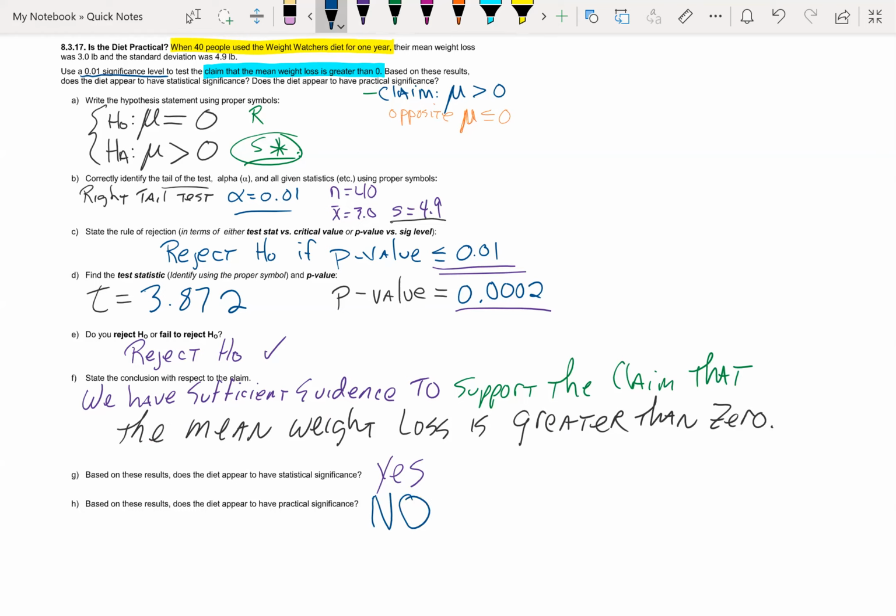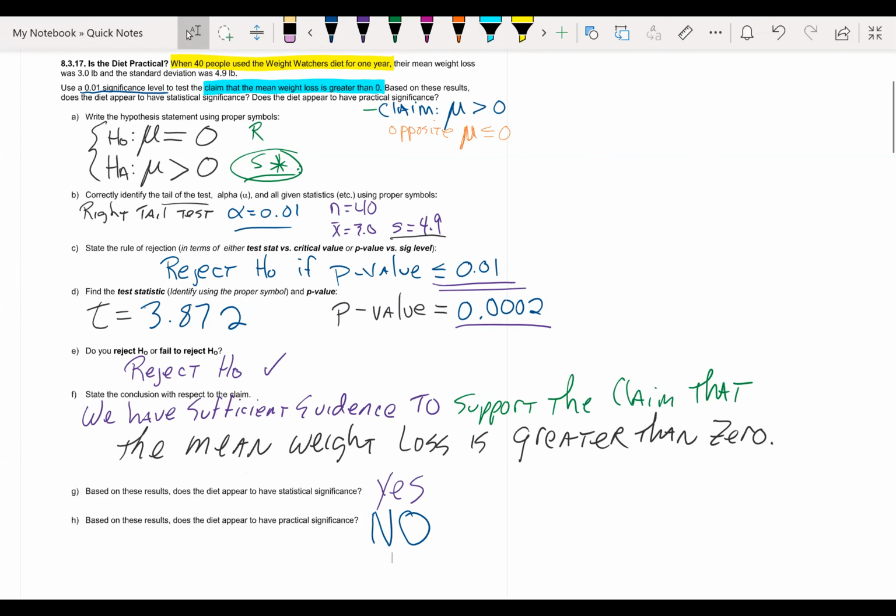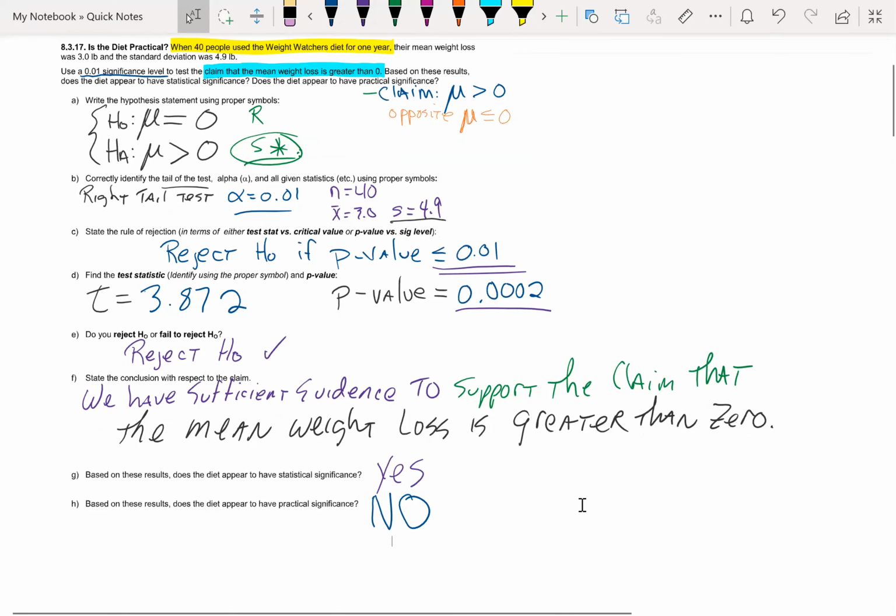Now, if we were to go and take a look at the corresponding confidence interval that came with this, we'd have a little bit better idea of what sort of weight loss we were looking at. But what we'd see in there is even if we got to the high end on that, we're looking at the high end of not even 5 pounds. 5 pounds if we round up to a whole number.